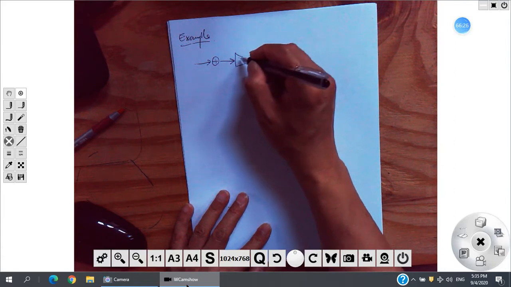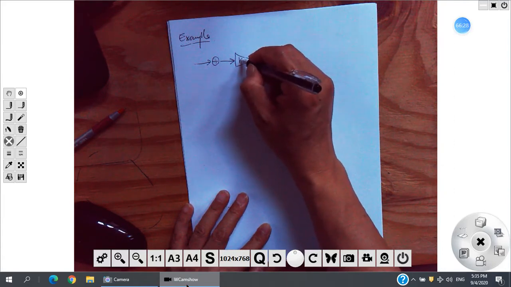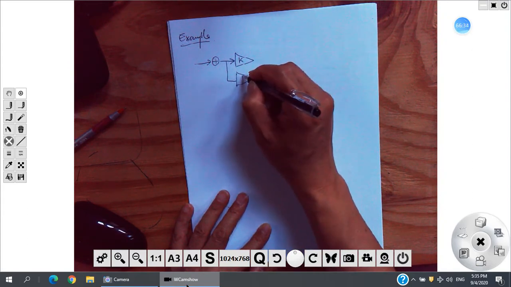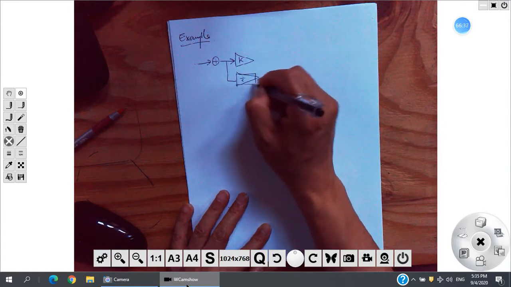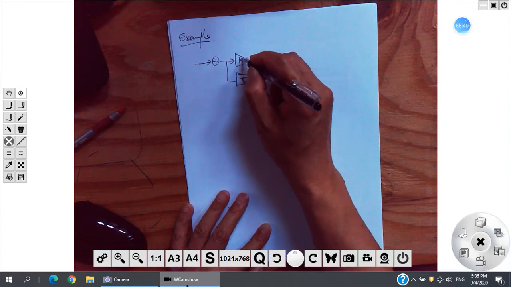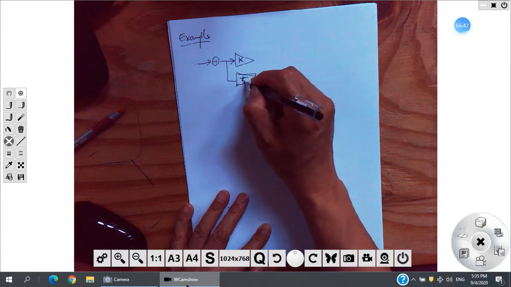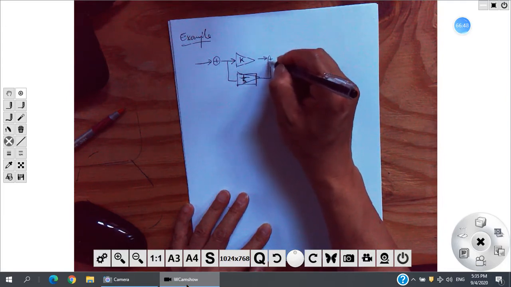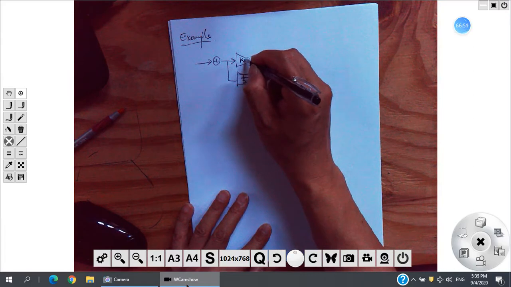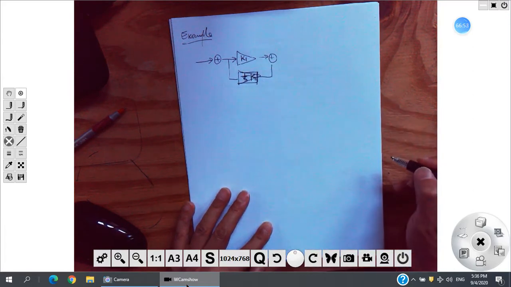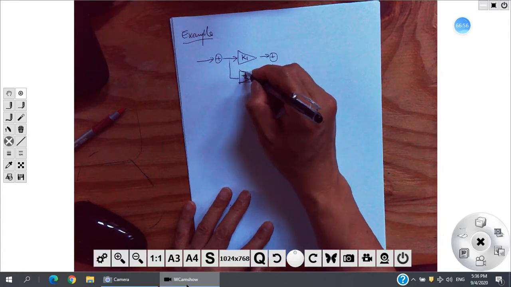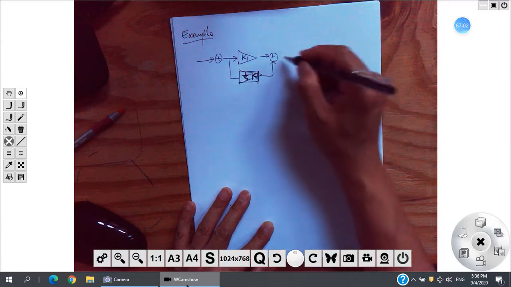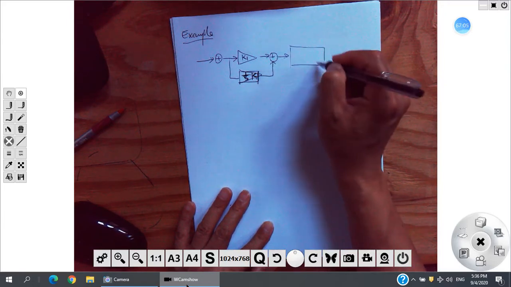I say this is a k, and also I have another one, a 1/s here. Only when this is a constant k I use a triangle, otherwise I use a square. This is k1. This is k2. Is it clear? This is 1/s times k2. This is k1. Do summation here, and then go to the plant. Plant is g of s.